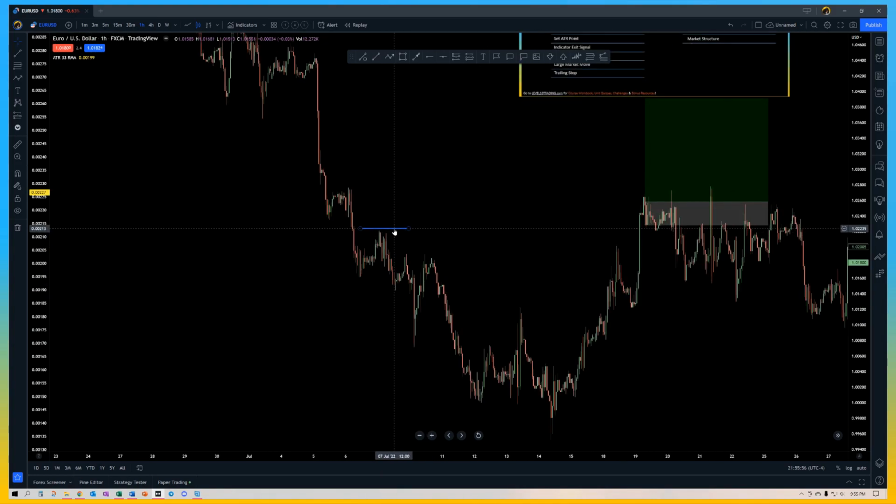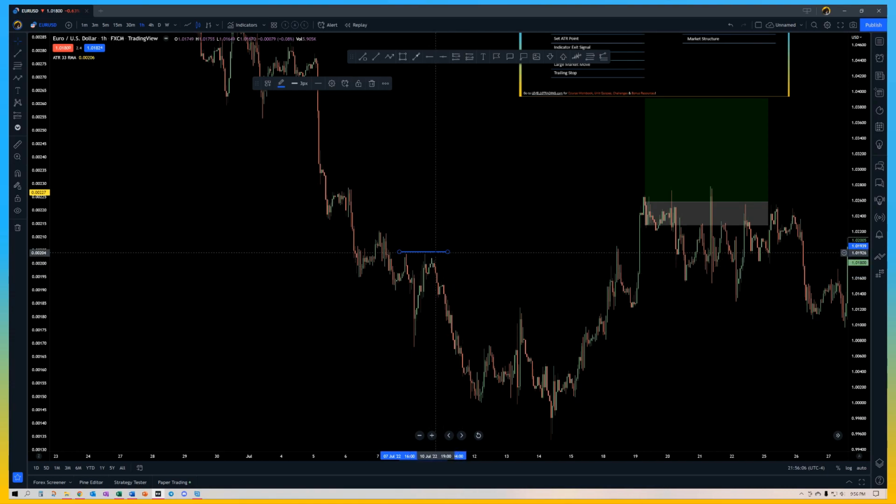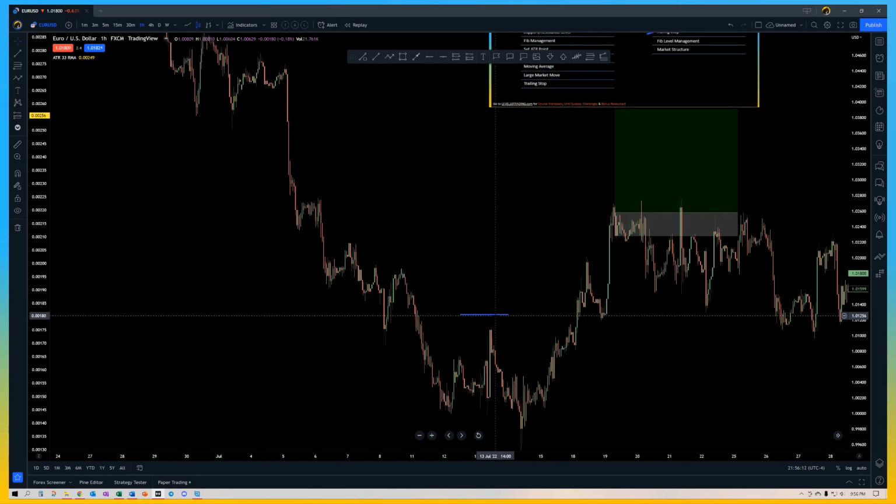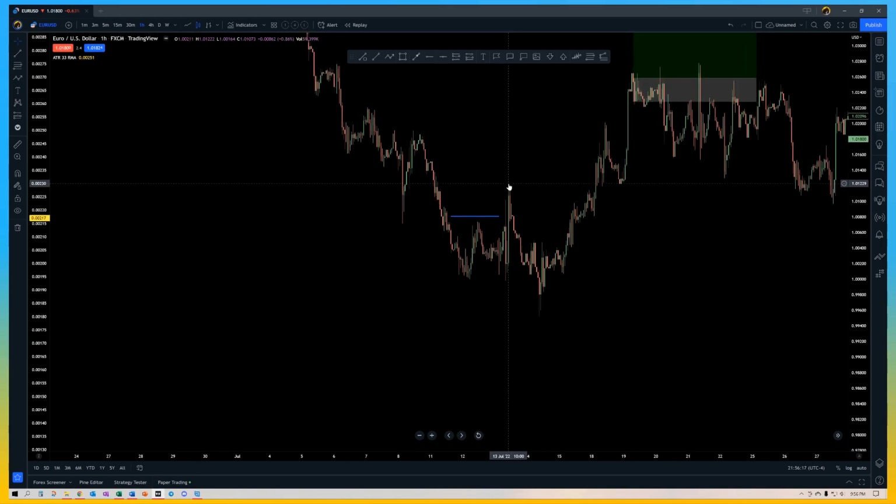So as price traces down here with this strong push that it's got right here, you would be moving your stop loss to these levels, where I'm moving this line. It just depends on what your rules are as to how far you would move it.